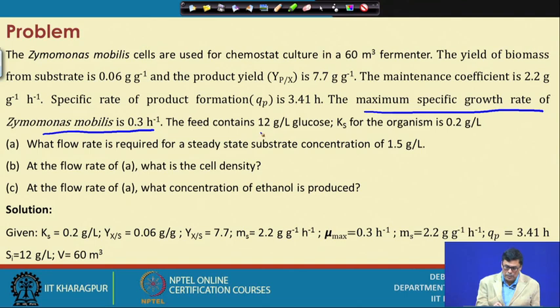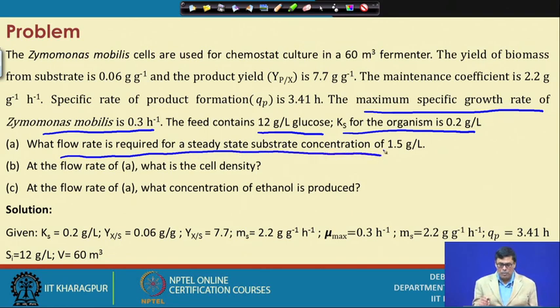The feed contains 12 grams per liter of glucose, and for the organism the saturation constant is 0.2 gram per liter. What flow rate is required for the steady state condition, where the concentration of the substrate will be 1.5 gram per liter?